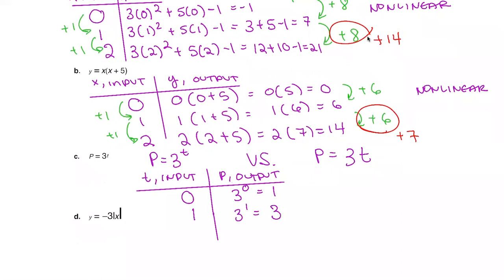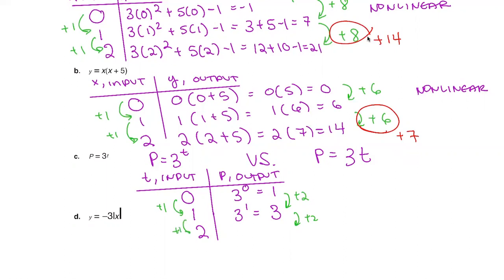To go from 0 to 1, and to get from 1 to 3, I add 2. So I should add 2 when I go from 1 to 2, because that's a consistent jump. I'm adding 1.